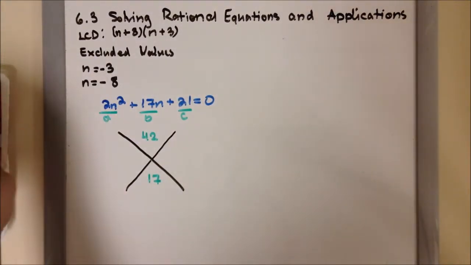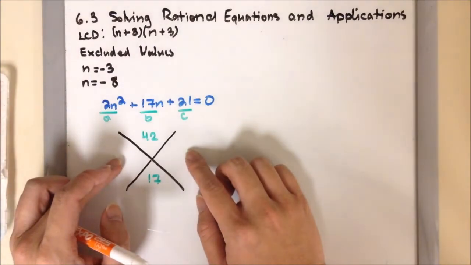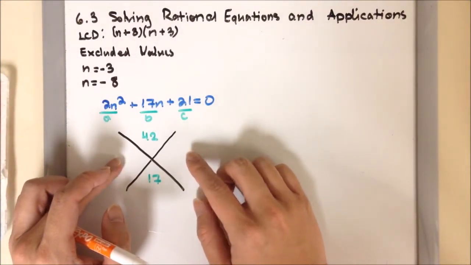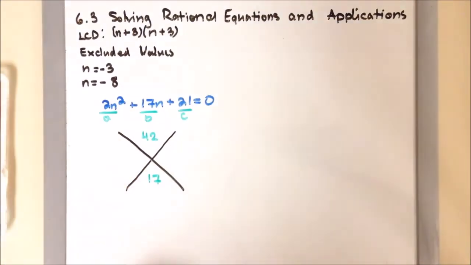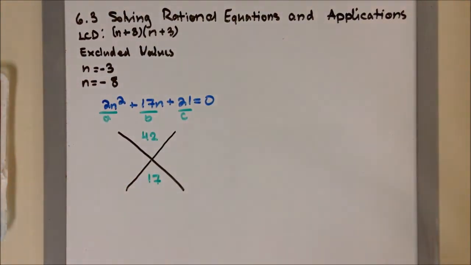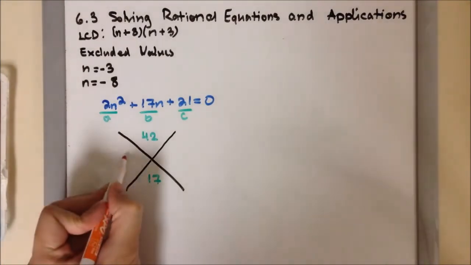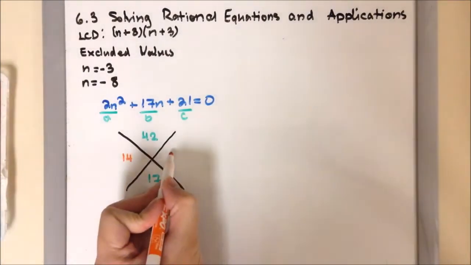Now we can't use 6 and 7 because when you combine 6 and 7, the sum will be 13, and it doesn't match with 17. Now the other possible factors we could think of is 14 and 3.